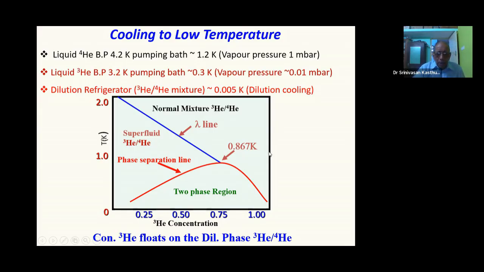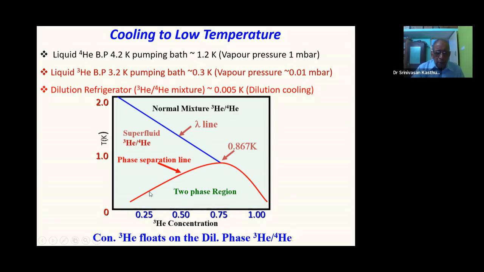Now, what happens is at a temperature of 0.867 Kelvin, when the concentration of helium-3 is approximately 75% in helium-4, you come across what is called the phase separation line. In the phase separation line, you get a two-phase region.